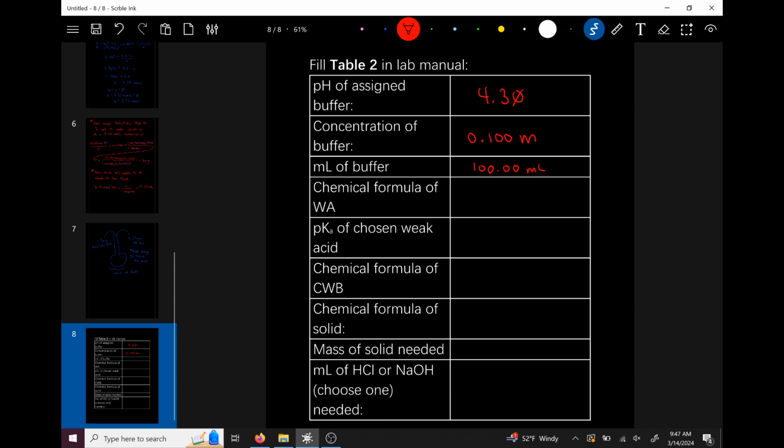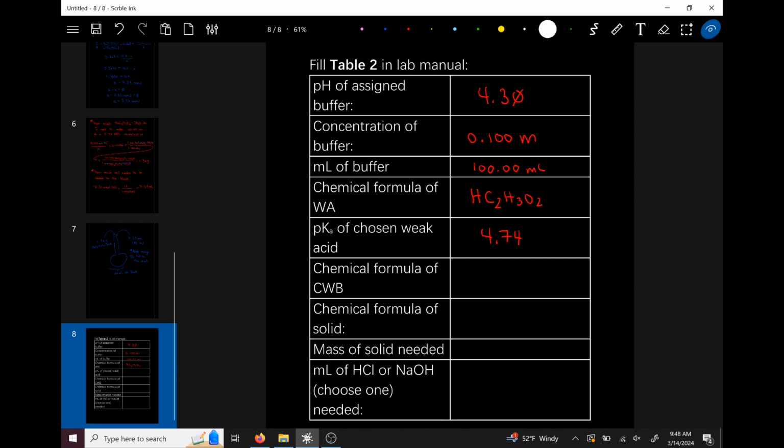milliliters. The chemical formula of the weak acid, or the acid form of the buffer. In this case, because I chose acetic acid and acetate ion, the acid form is acetic acid. So I'm going to write HC2H3O2. The pKa of the weak acid, you have to determine on your own, which in this case, for me, was 4.74, because that's the pKa of acetic acid.